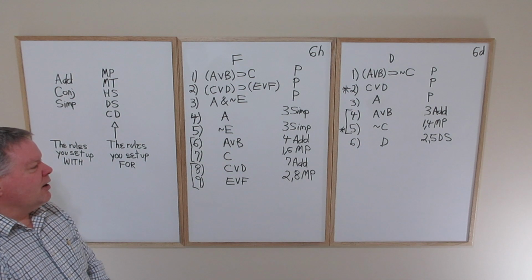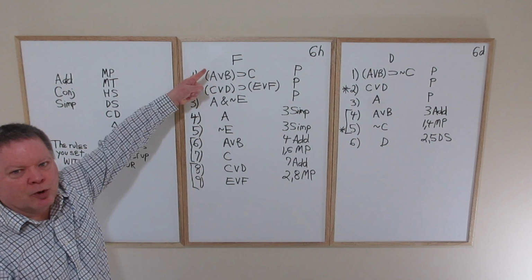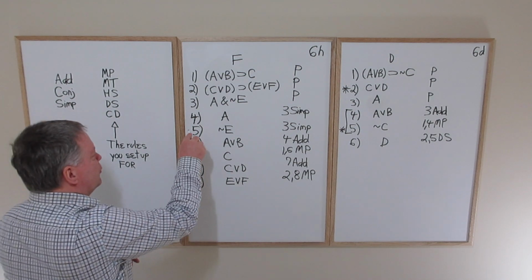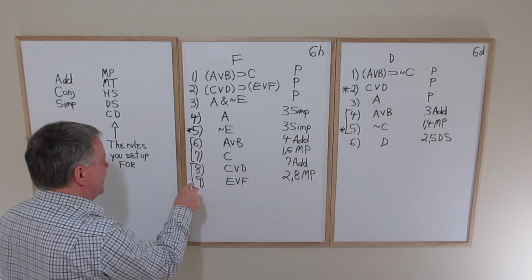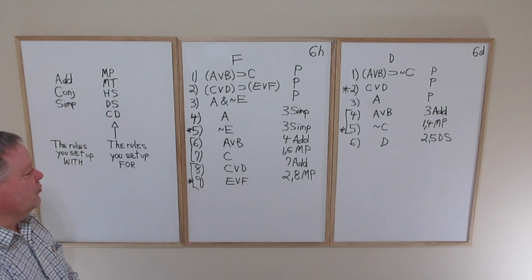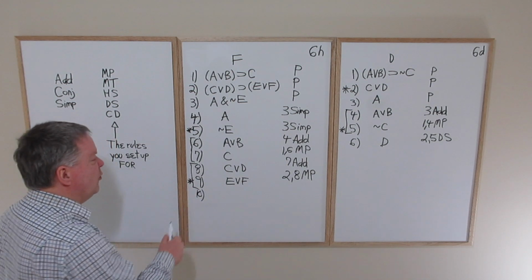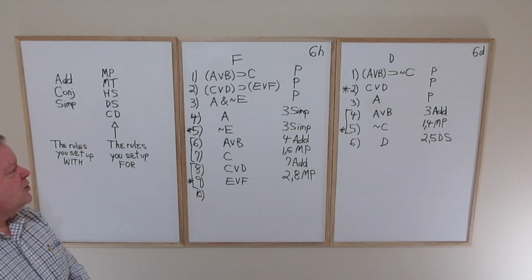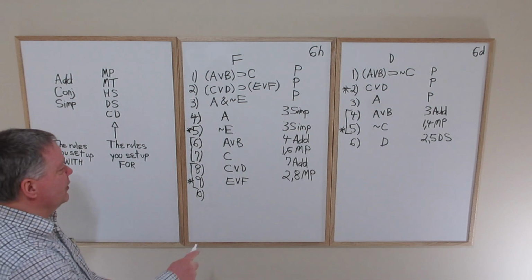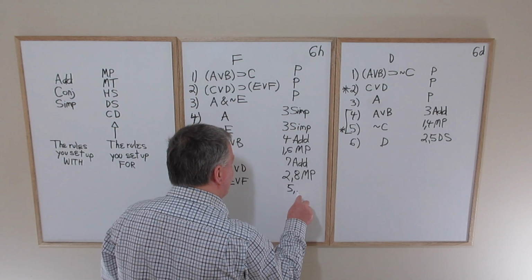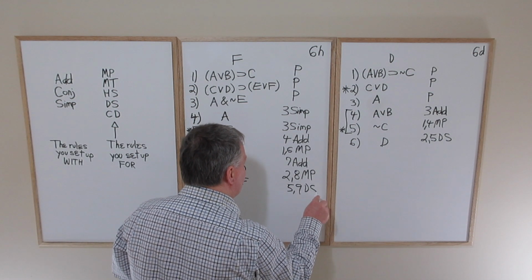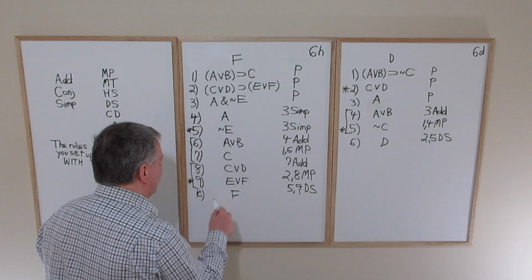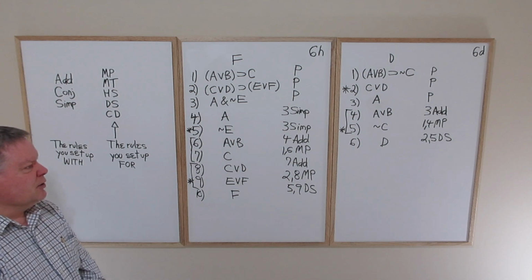Now, we've got 9 lines of information to scan. We're looking for F. Hopefully you're familiar enough with the rules that you don't find it too difficult to spot that the relevant subset of our 9 lines of available information here is 5, 9, disjunctive syllogism, and that gives us F, the assigned conclusion.